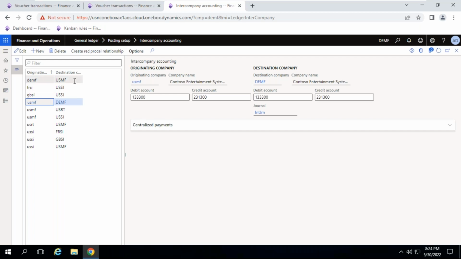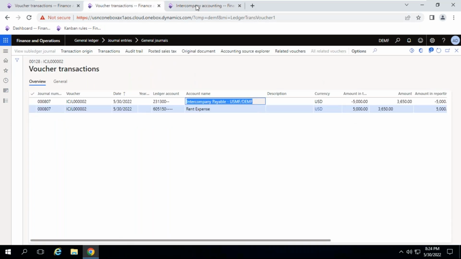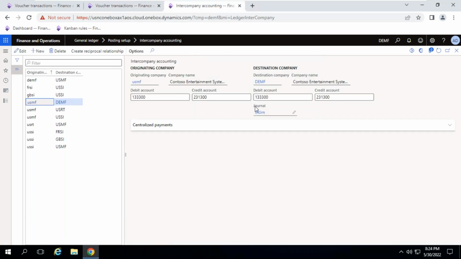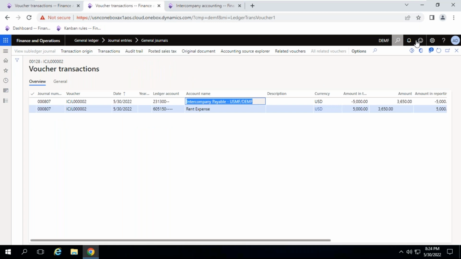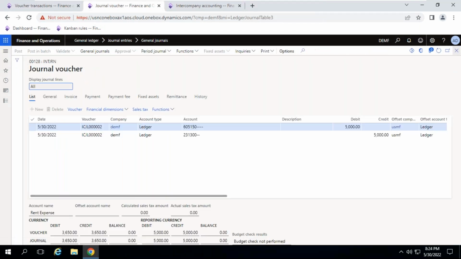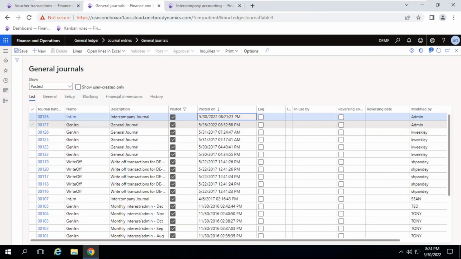Yes, sir. Simple setup. You need to map debit and credit, that's it. If you map, then it will be posted automatically. While mapping this one, you are mapping the journal name. So that is the reason it is posted with the journal type intercompany journal.